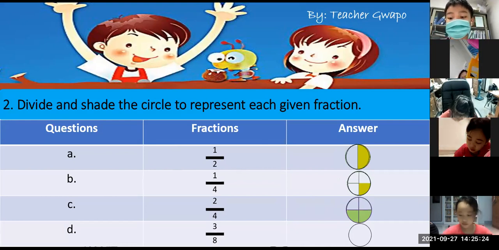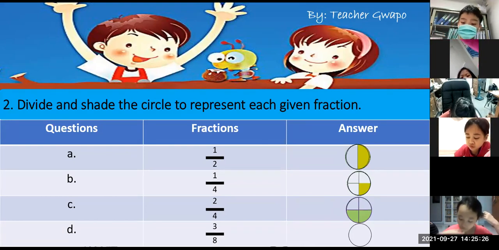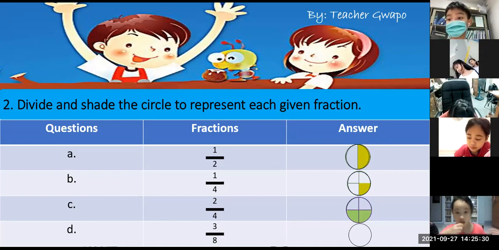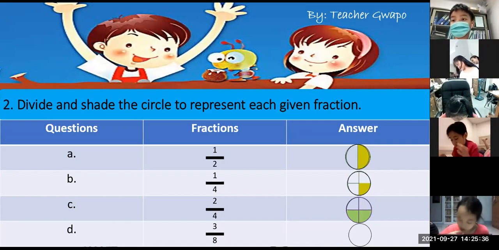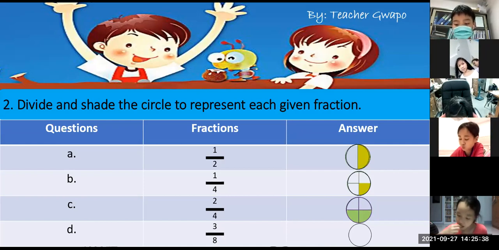Letter D is 3/8. So you will divide the circle into 8 parts and then you will color 3 out of 8.